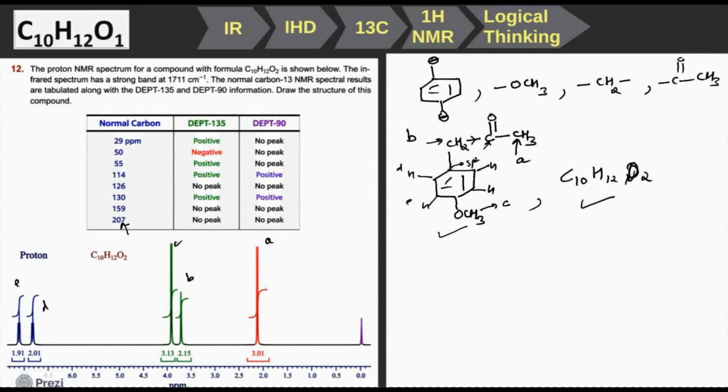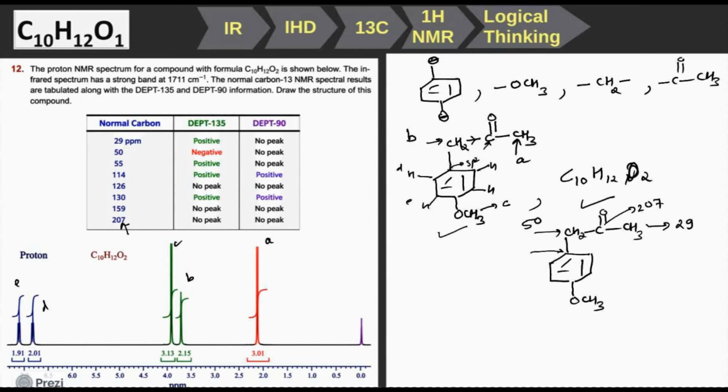Now let's look at the 13C NMR. In 13C NMR, there is a signal for the keto group. So this one is 207. This methyl was 29 ppm, right? This CH2 was at 50, and here one of them was a quaternary carbon.